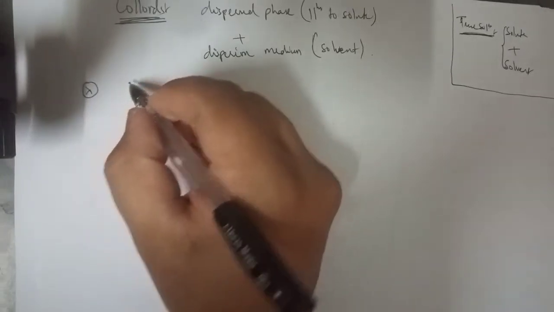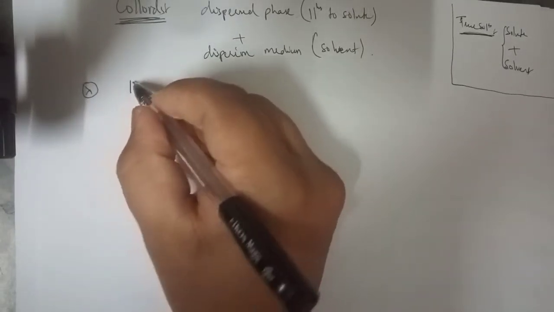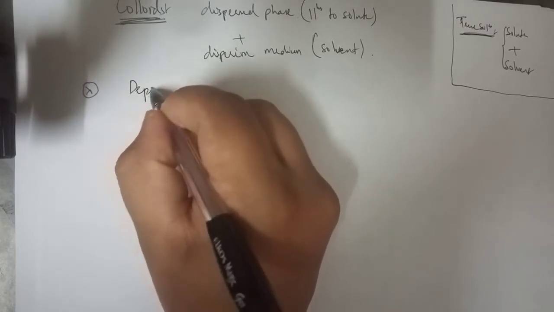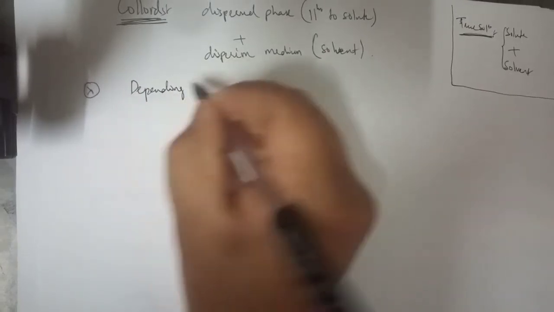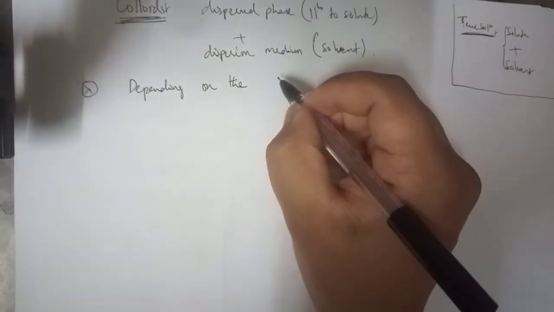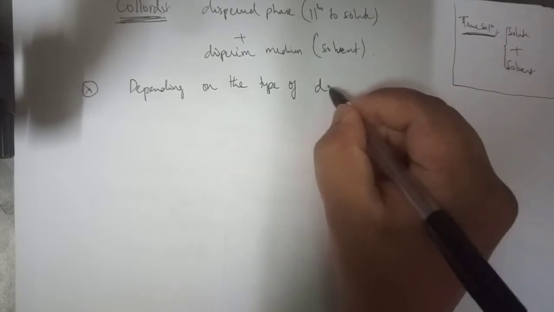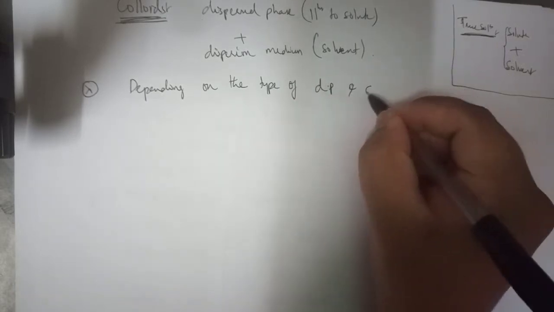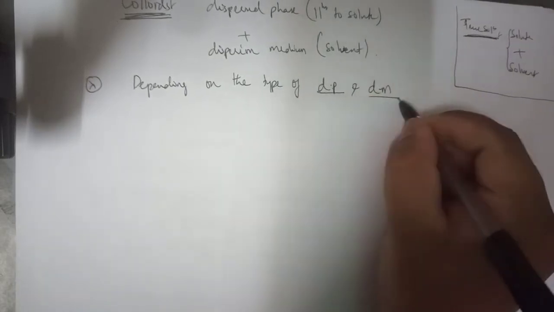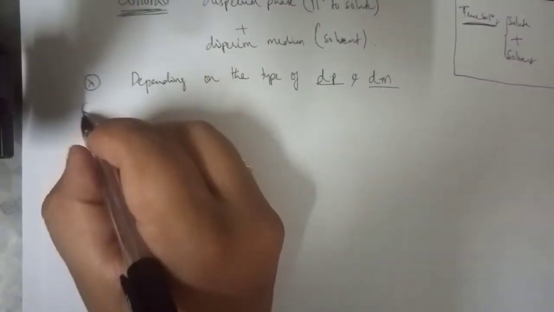In other words, depending on the type of DP and DM. What are DP and DM? Dispersed phase and dispersion medium. Depending upon the DP and DM, we have the classification as follows.